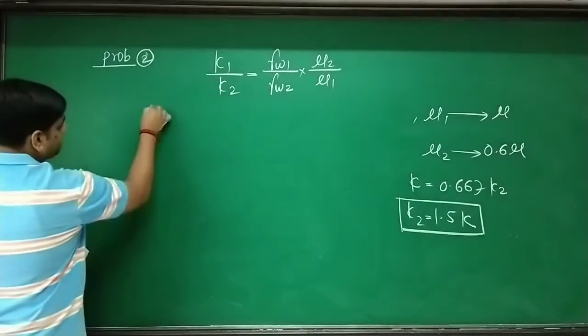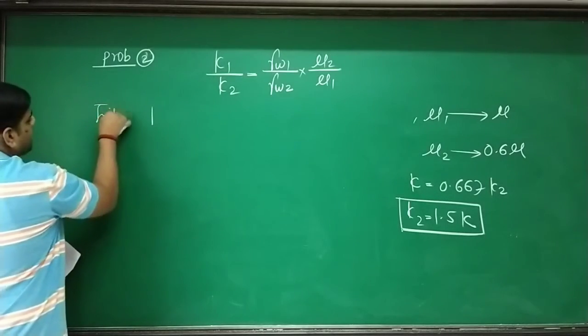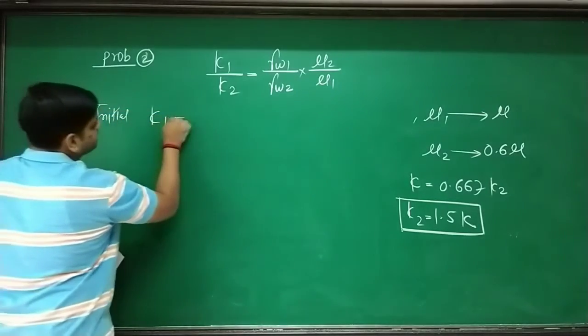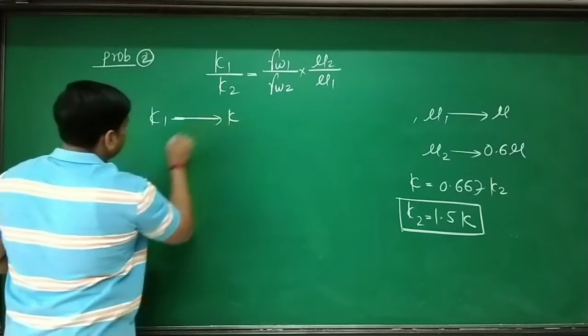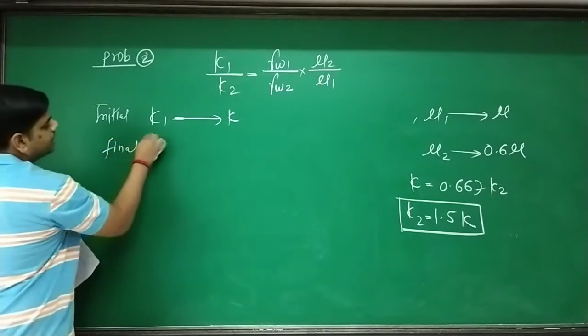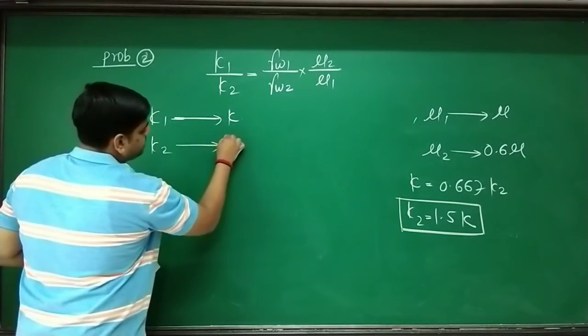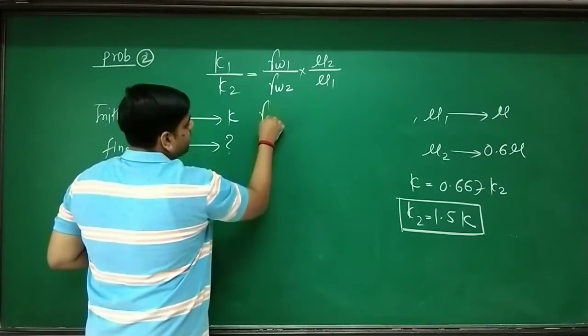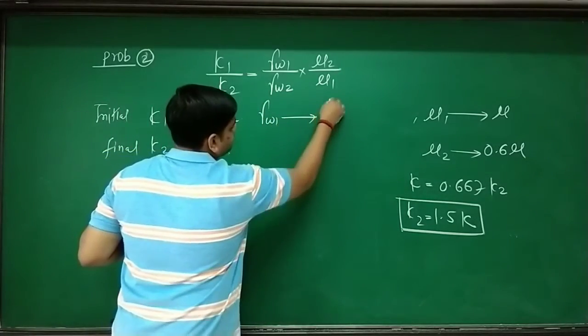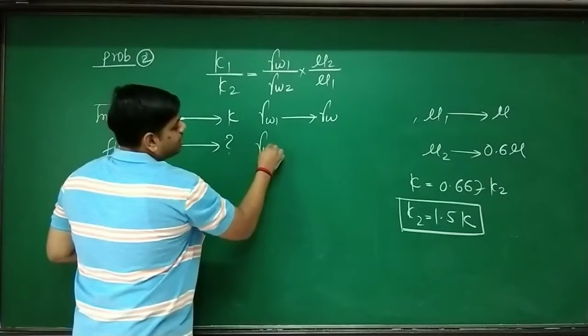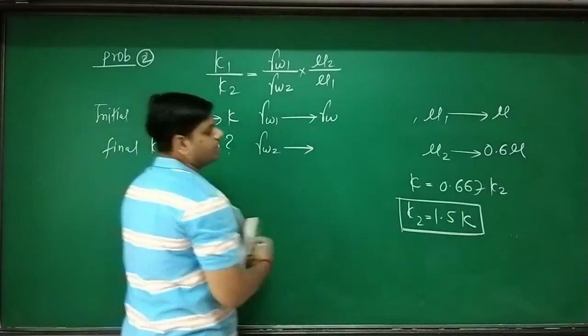The change काय करायला बघा. Initial I will assume K1 as K, final K2 we have to calculate. Initial gamma W1 I am going to assume gamma W, gamma W2 that is percolating fluid.